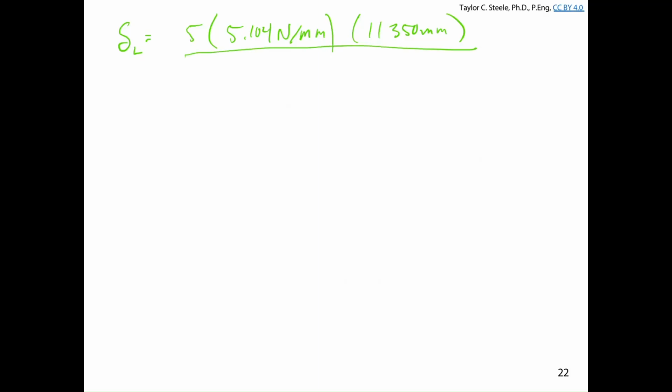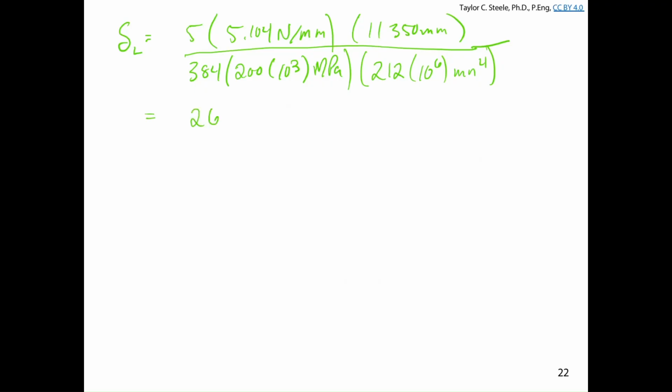That gets divided by 384 times E, which is 200 times 10 to the 3 megapascals, times 212 times 10 to the 6 millimeters to the 4th. Okay. So if we do those calculations for the live load deflections, we end up with a deflection at the middle of 26 millimeters.